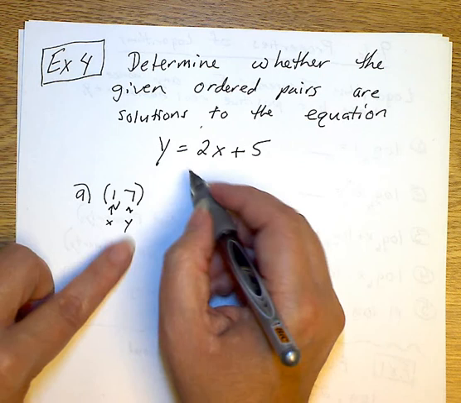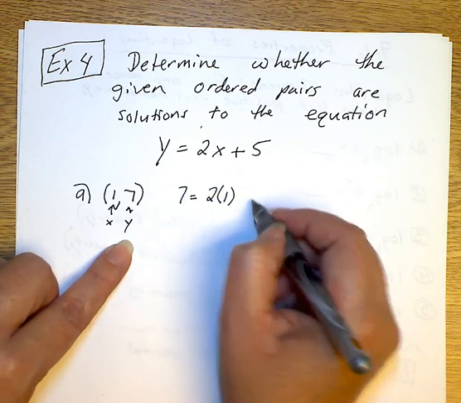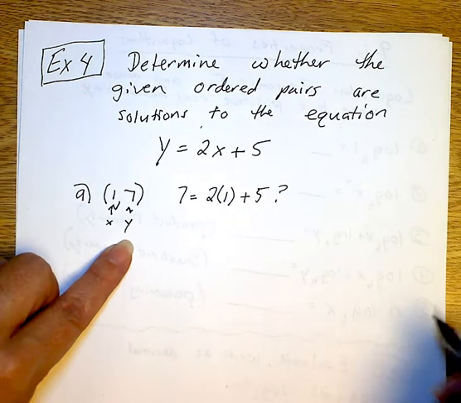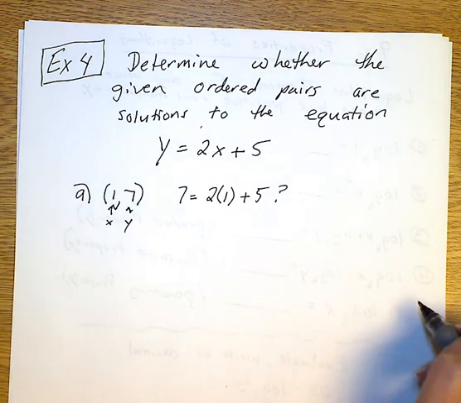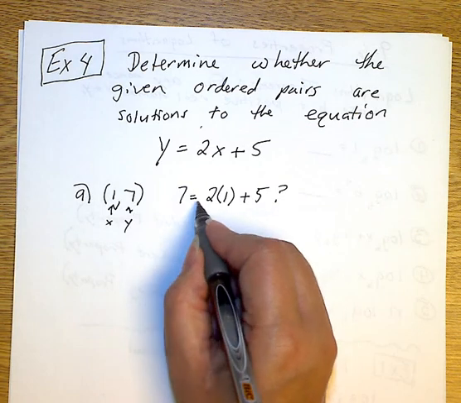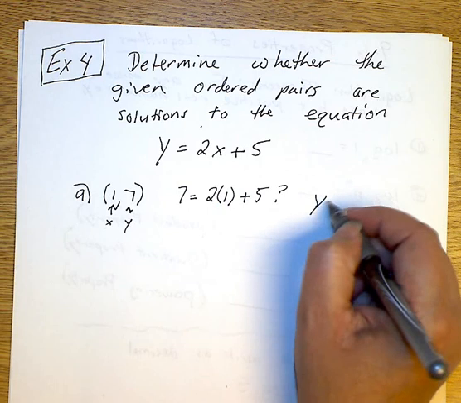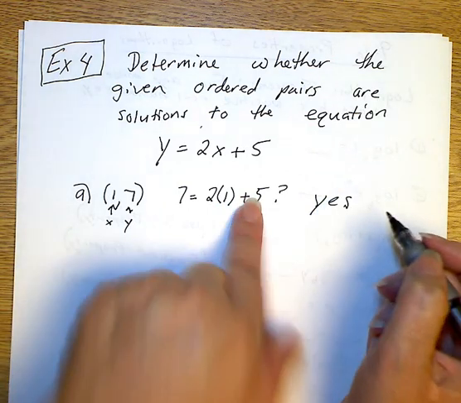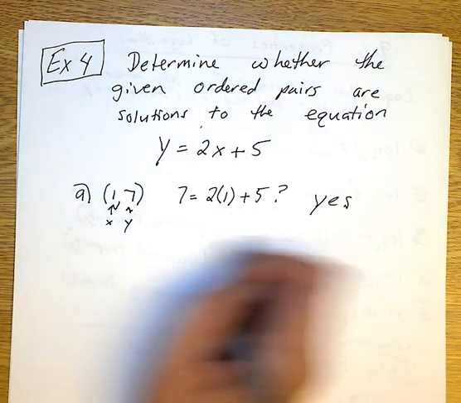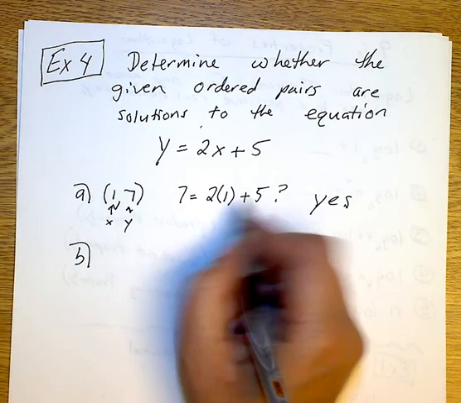So 7 is equal to 2 times 1 plus 5, and you're asking, is that true? If it's true, then it is a solution. So we have 7 is equal to 2 plus 5. That's yes, because 2 plus 5 is 7.